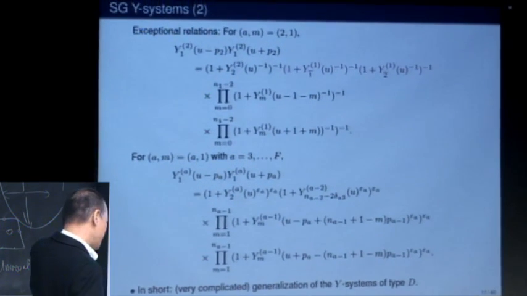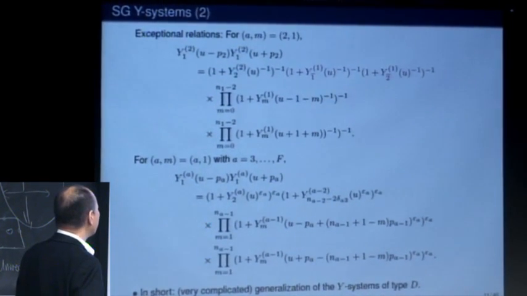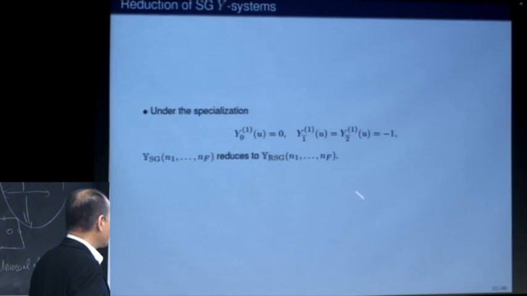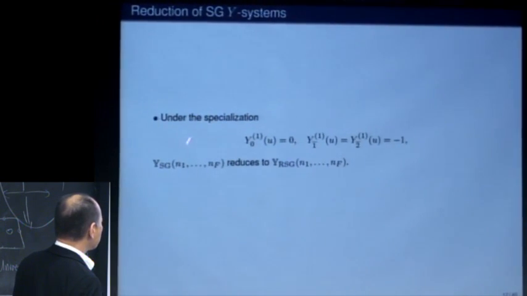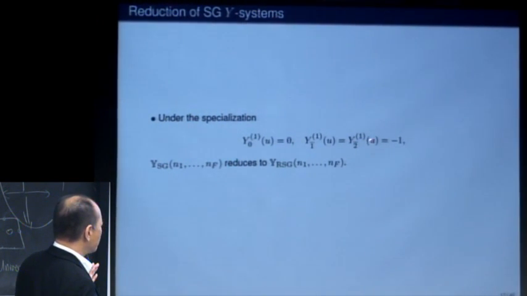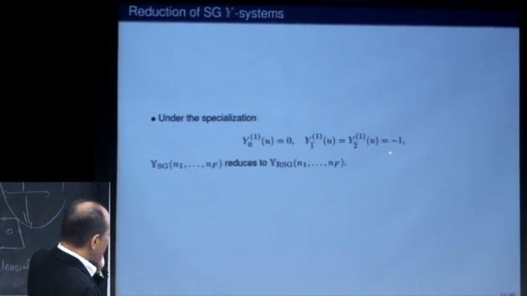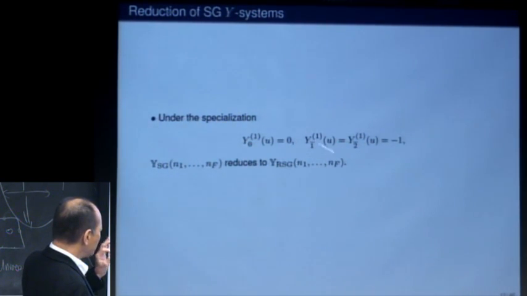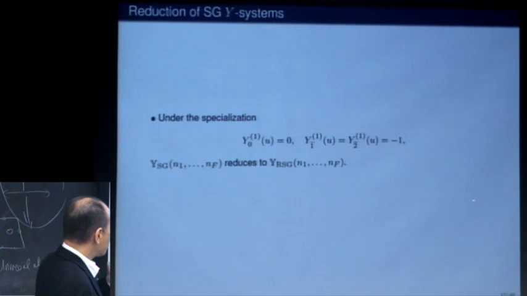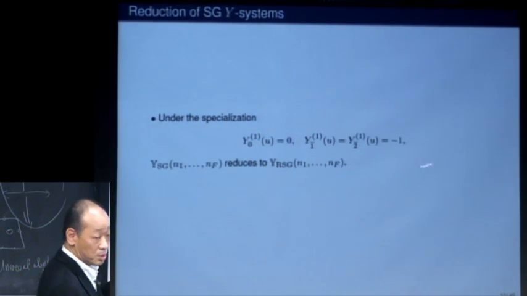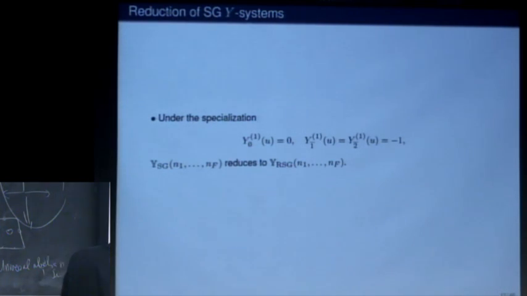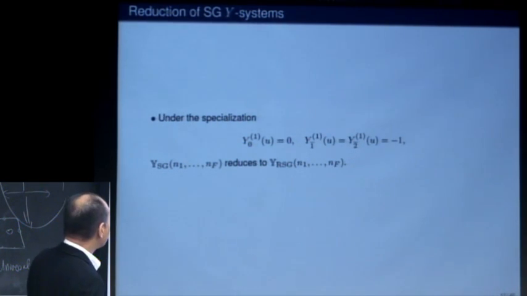Anyway, this is the Y system of type D. And the reduction means that in this sine-Gordon Y system, if you have these extra 3 variables be some constants, minus 1 and 0, it's okay to do it. Then you get the reduced sine-Gordon Y system. That explains the name reduced. Okay, so basically that finishes the definition of Y systems.